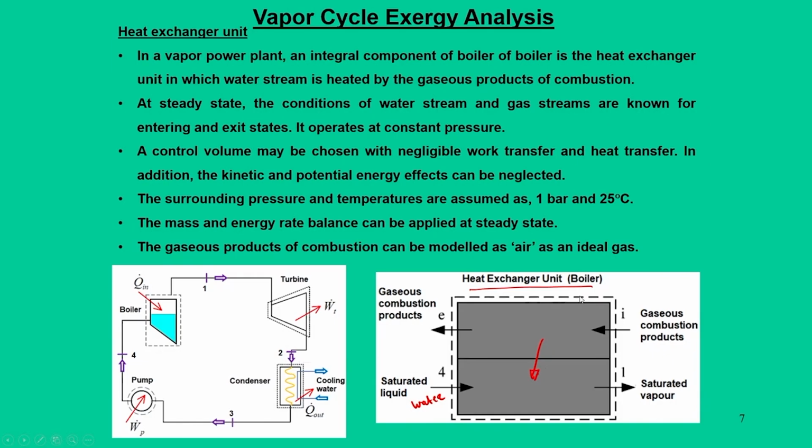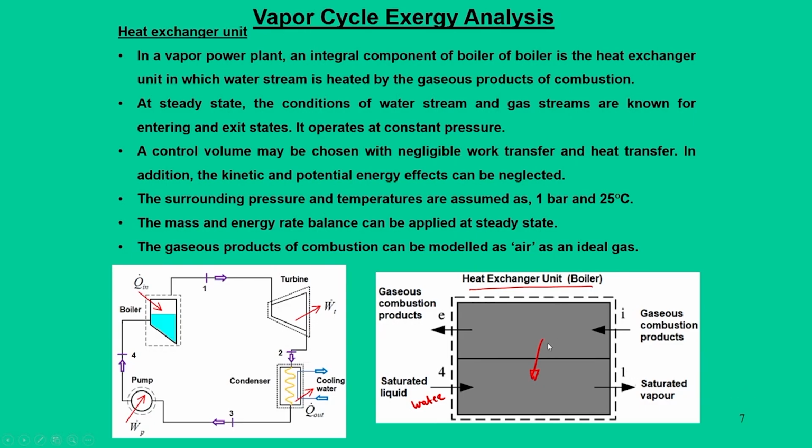So, this is how, when you talk about the heat exchanger unit, we need to find out what exergy is being carried out by these gaseous products, and typically in the case of absence of data, these products of combustion can be modeled in a more appropriate manner by using air. And on the other side of the story is the heat exergy which is carried out by the water from the heat exchanger unit.